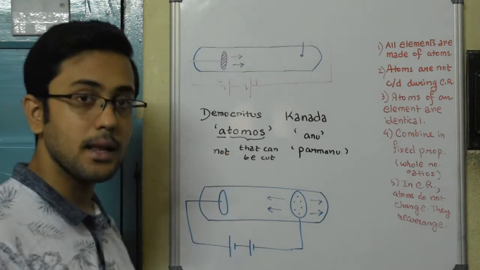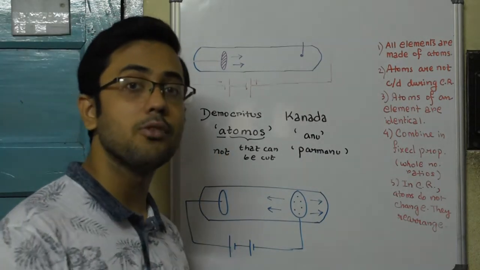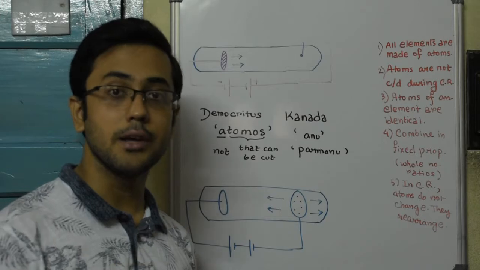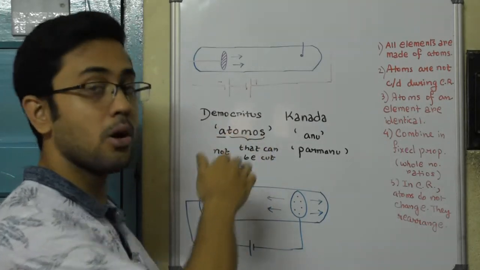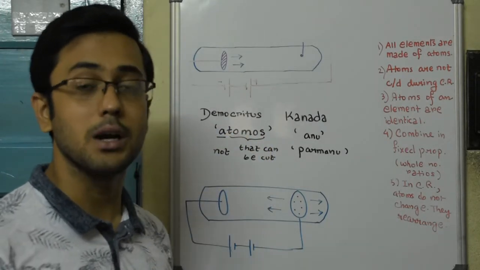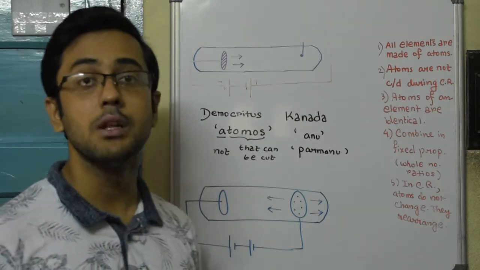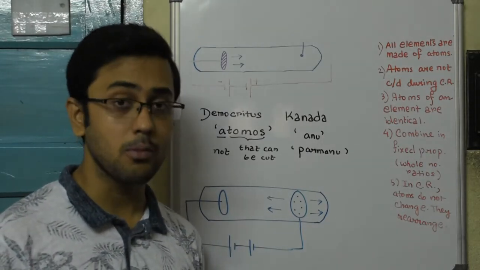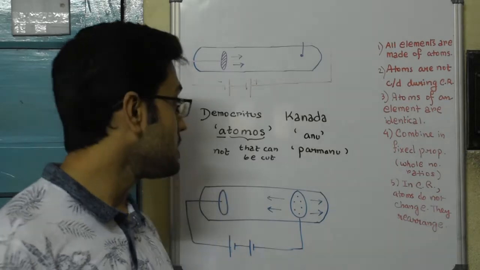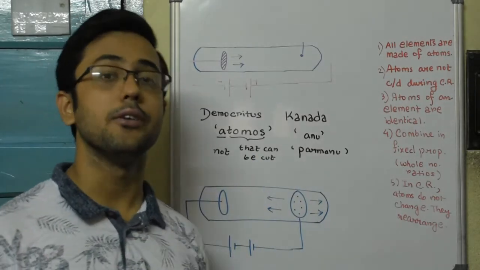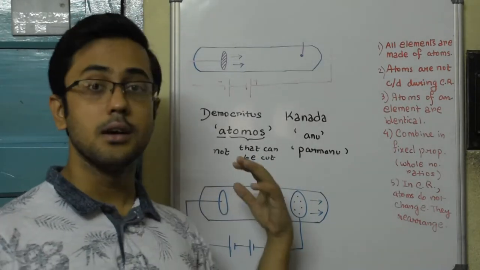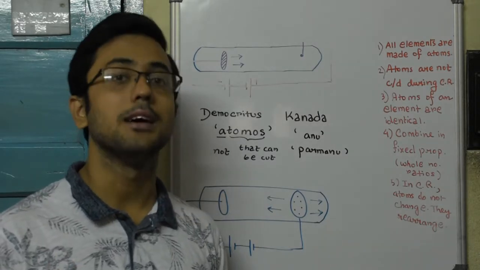Whenever you put A before any Greek word, it means the negative of that. So A before tomos means something that cannot be cut. So Democritus believed that the atomos in the Greek language is something that cannot be cut any further, and from there the word as we know it today, atom, has been derived.